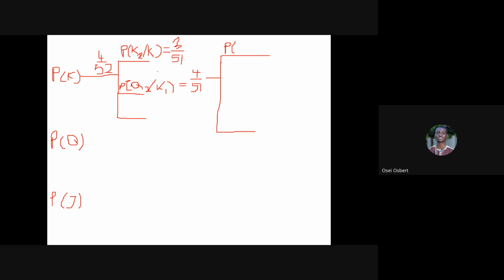Thank you, that's good. So we have the probability of obtaining a king for the third one, given that we have both a queen and a king occurring.